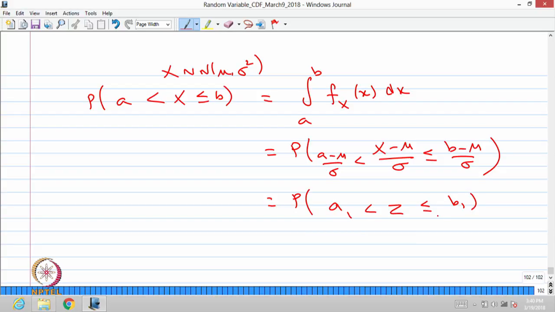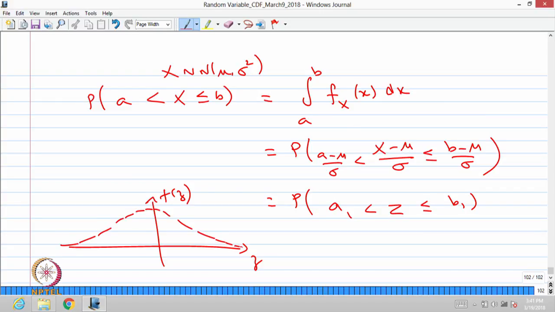That means the probability that x lies between a and b is the same as the probability that z lies between a1 and b1. That is the same as, in a standard normal distribution, the probability density function is, okay, suppose a1 is somewhere here and suppose b1 is somewhere here.